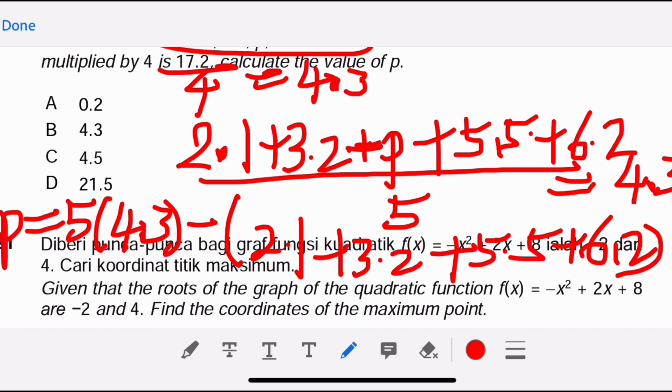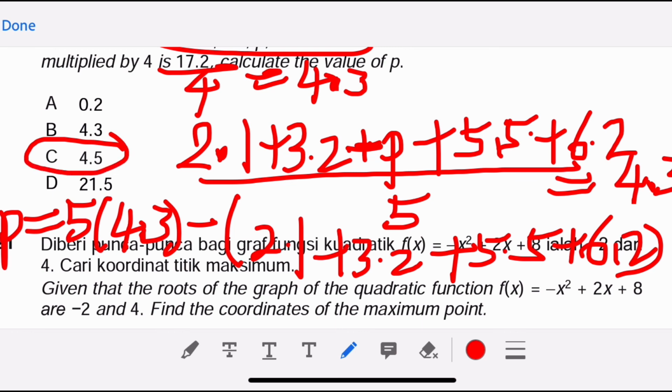So let's work out the answer. 5 times 4.3, minus 2.1 minus 3.2 minus 5.5 minus 6.2. So we'll get the answer, which is 4.5. That is the right answer.